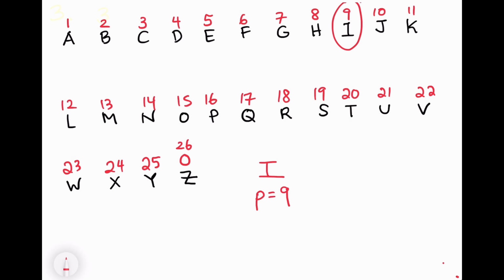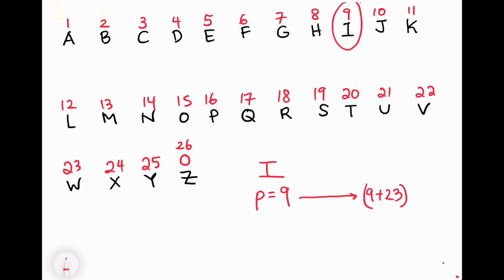And in this encryption, what we did was we added 23. So we had an encryption that used 9, we shifted by 23 places, so we have 9 plus 23.